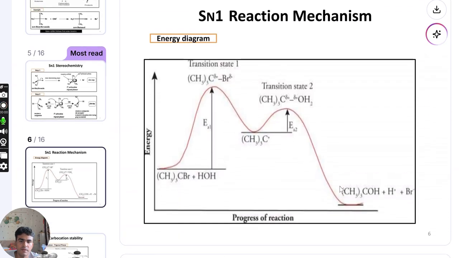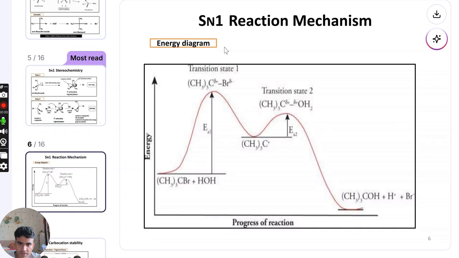So this is the energy diagram, the progress of the reaction. It is a two-step process with two activation energies. For the first step, the activation energy requirement is higher than for the second step, and this is the intermediate carbocation.